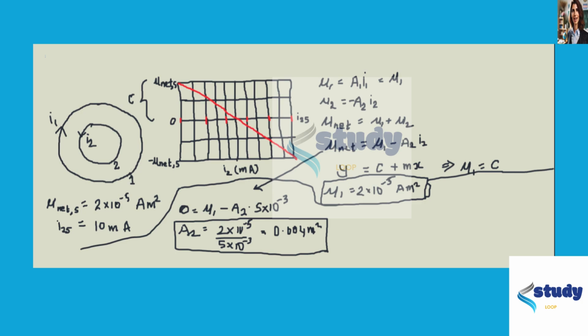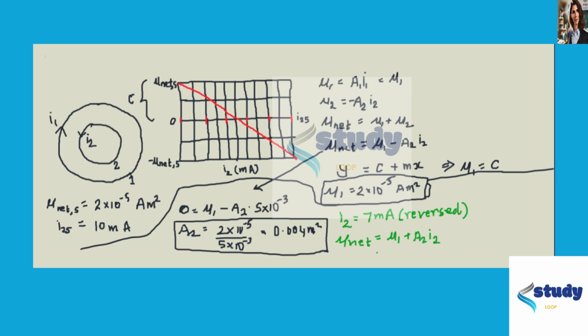Now let's move on to the exact question. The question is asking what is the magnitude of the net magnetic moment when I2 equals 7 milliampere and reversed. Reversed means now they are in the same direction. So since they are in the same direction, mu net will be mu1 plus A2 I2, not minus but plus.